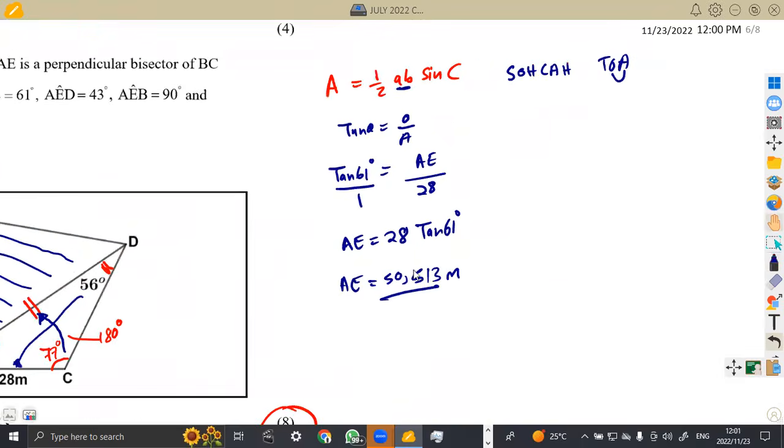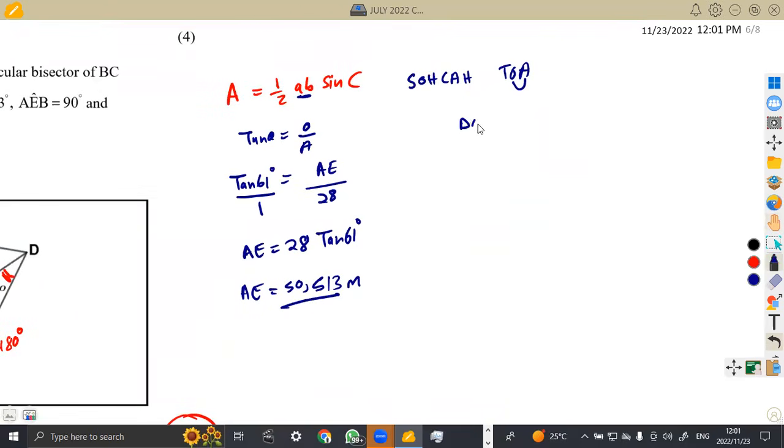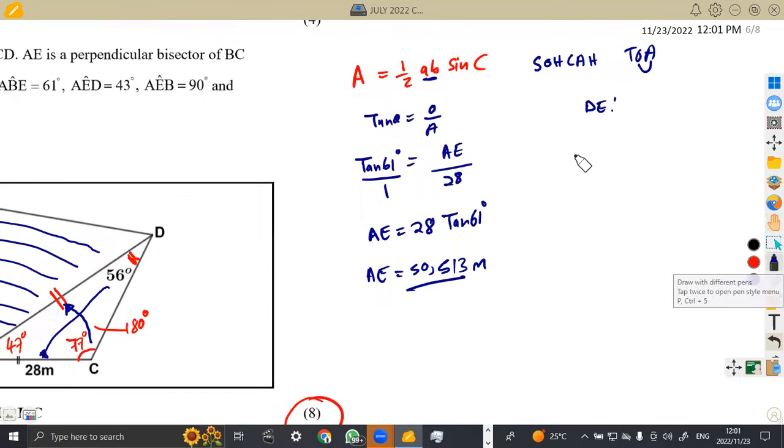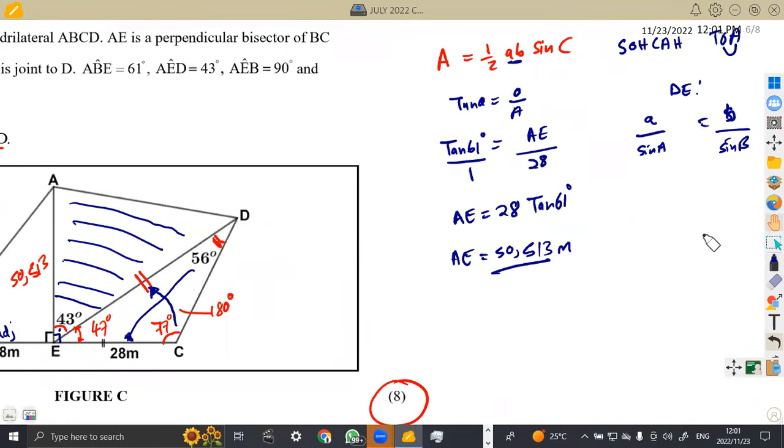So to calculate DE, apply the sine rule. We know that it's a over sine A is equal to b over sine B. So that's a, the side that you want to calculate, which is DE. So we are going to have DE over sine of the angle that is opposite, which is sine 77 degrees, is equal to the other side, which is 28 over sine 56 degrees.